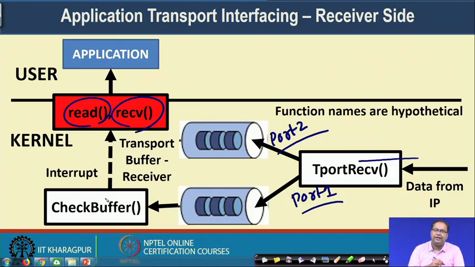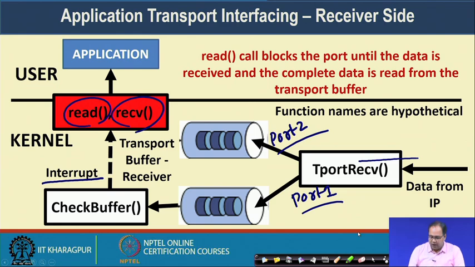So the call will be blocked here, and the moment data arrives in this buffer, it sends an interrupt signal to this call, and this call gets the data from the buffer and sends it to the application. With the help of this interrupt, we can make this receive call interact with this buffer. Here you can see that the read or receive call is a blocking call until the data is received and the complete data is read from the transport buffer.